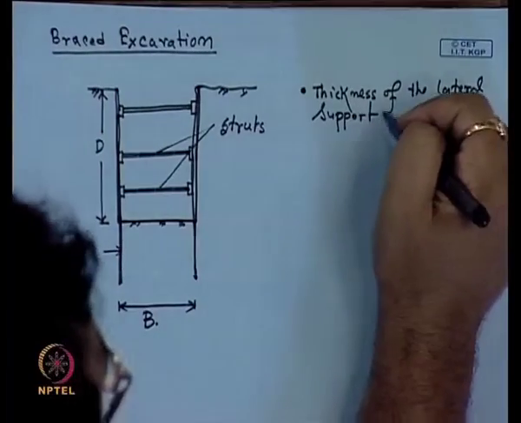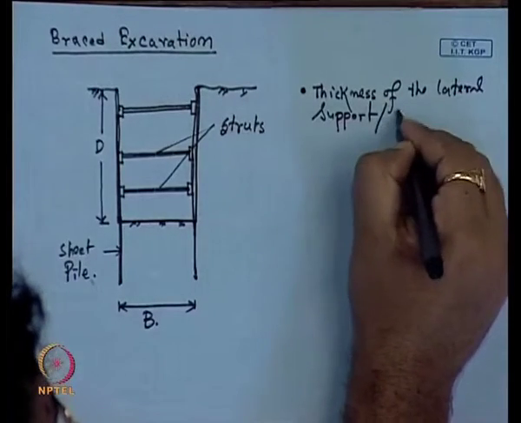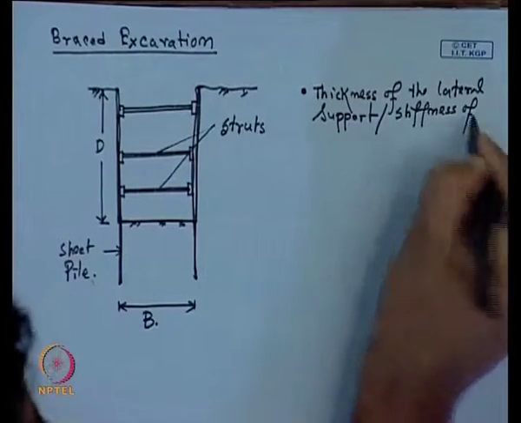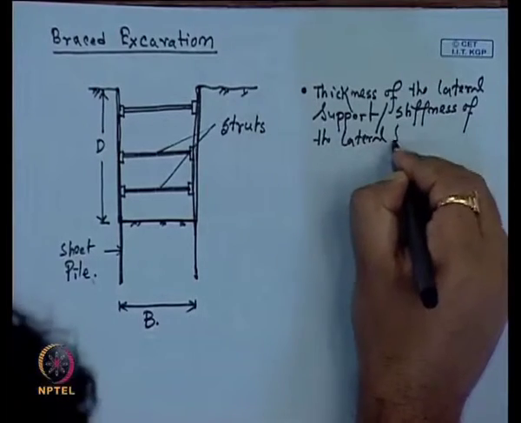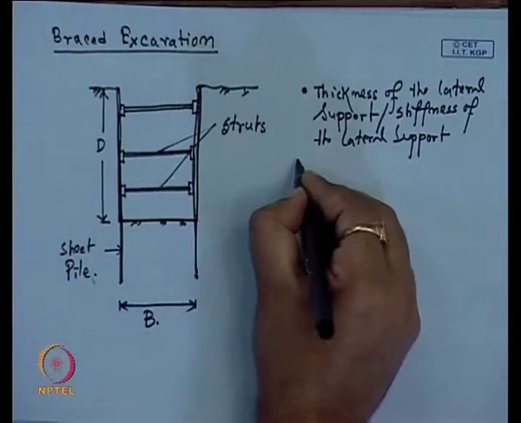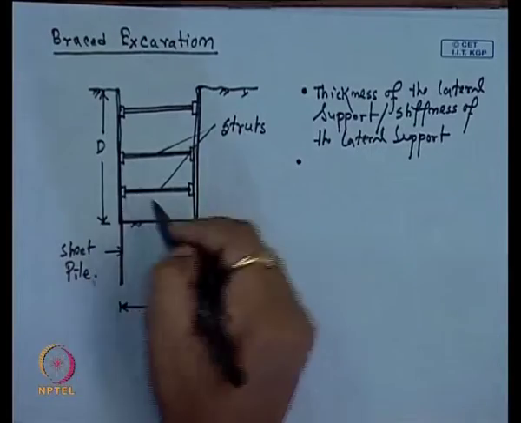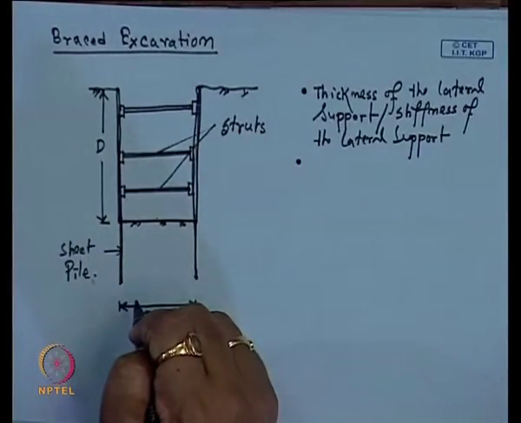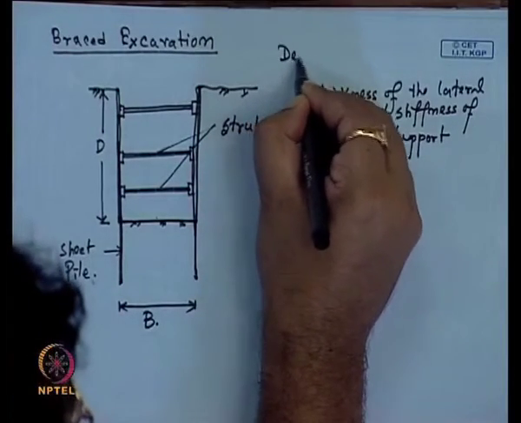Based on this thickness, we get the stiffness of this lateral support. So, this is one design parameter. Another design parameter is the position of the struts. Where we will place the strut, and what is the spacing between two struts. So, this is another very important design parameter.